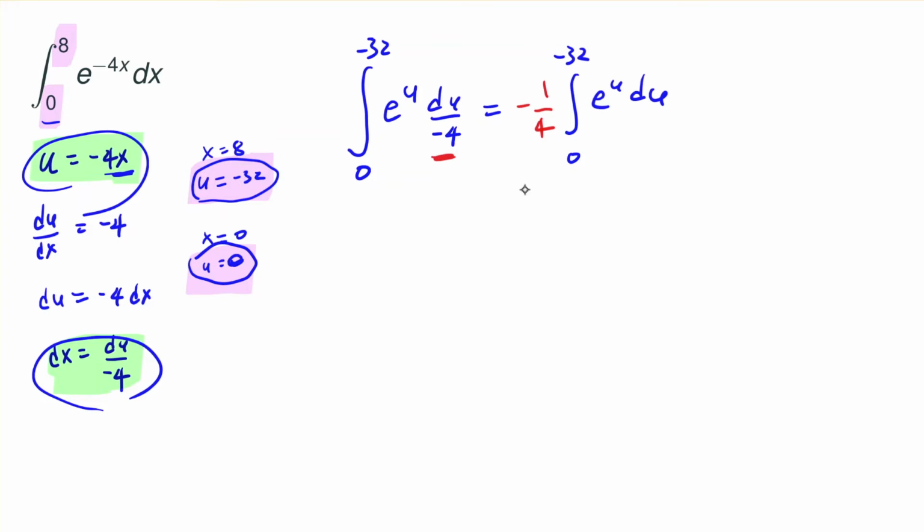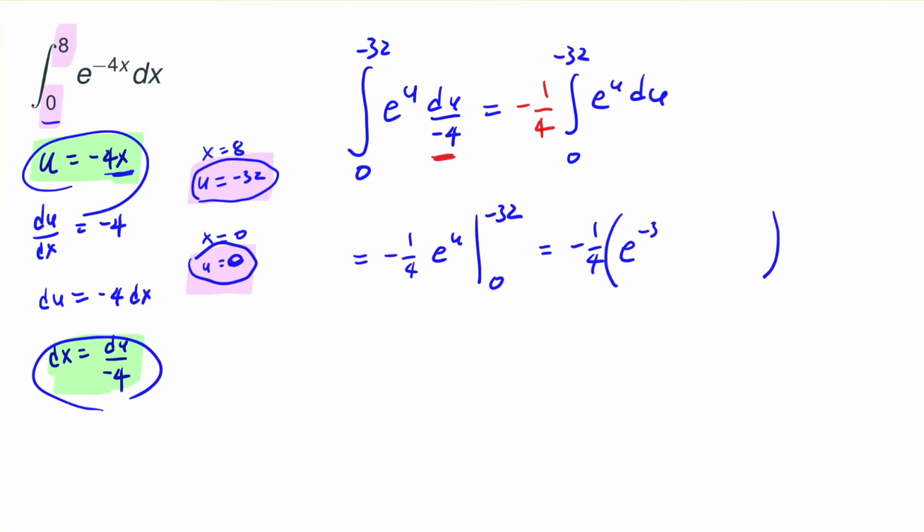So let me do it right here. We have negative 1 over 4. The antiderivative of e to the u is e to the u, and we evaluate those from negative 32, plug in here, and subtract, plug in 0. Negative 1 over 4 is multiplying after we do the definite integral, so make sure to keep the parentheses here.